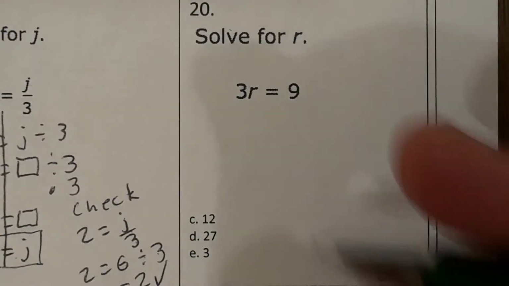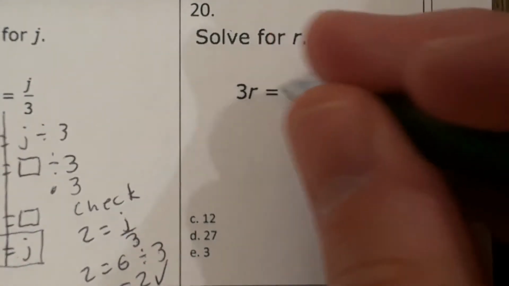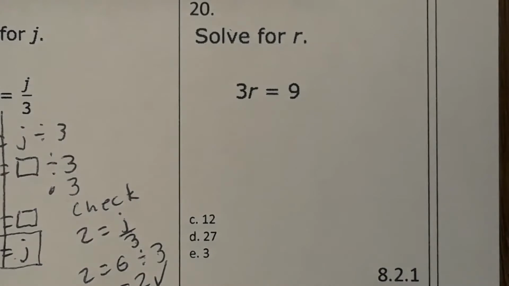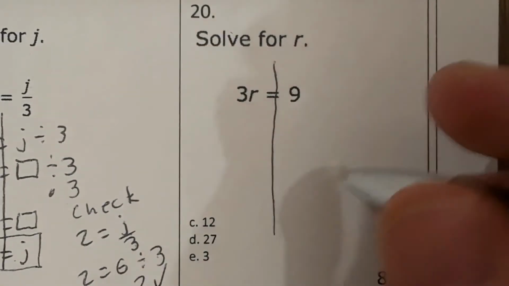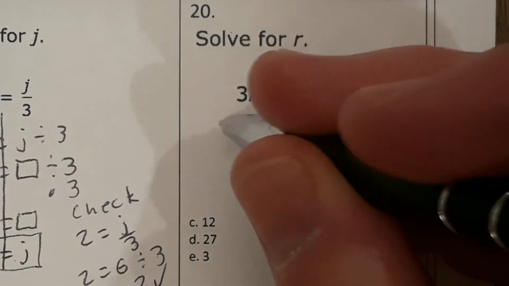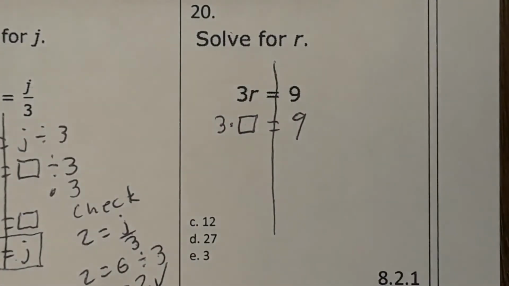Number 20. 3R equals 9. Go ahead and pause the video and see if you can work it out. Unpause the video when you're ready to go over it. Alright, thank you for unpausing the video. Here we go. Line down the middle. 3R is 3 times something, gives you 9.